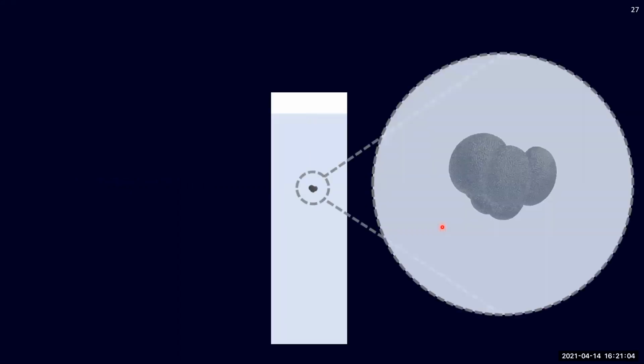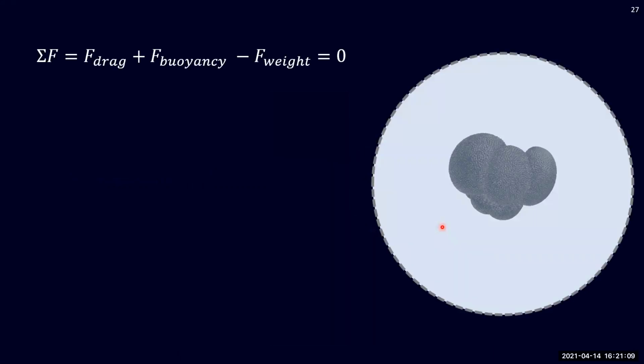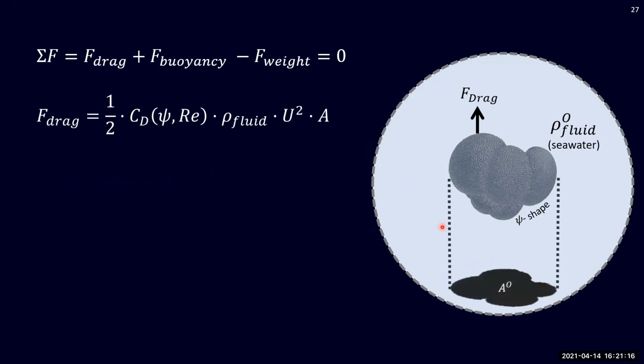We have a sinking foram, and we know that at terminal velocity, the sum of the forces acting on the foram is 0. And those forces are drag, which is determined by the density of the seawater, the shape of the object, which is represented by psi here, which is captured by CB, as well as the projected area of the foram.